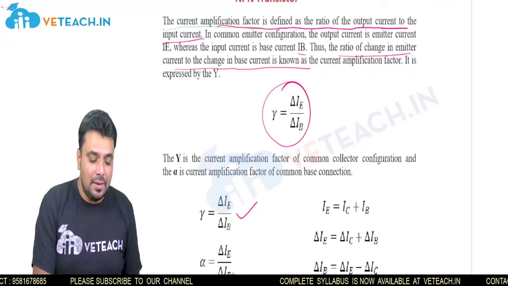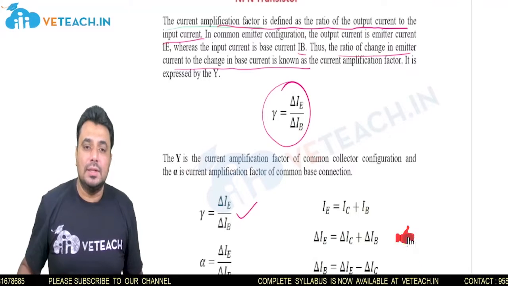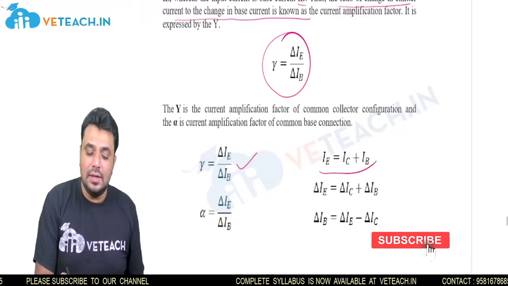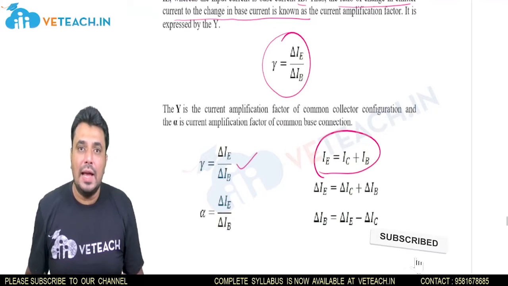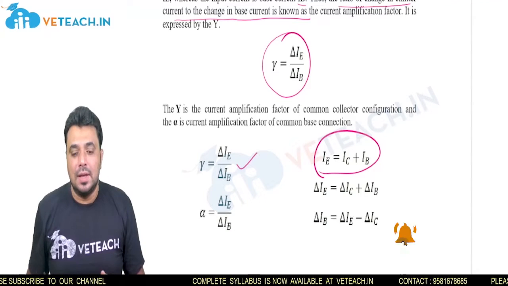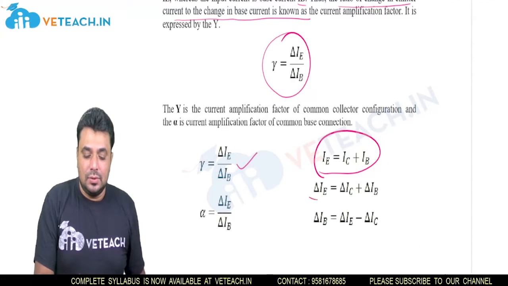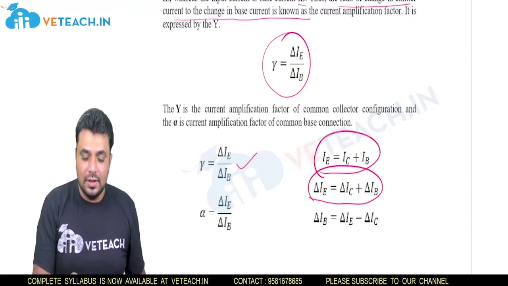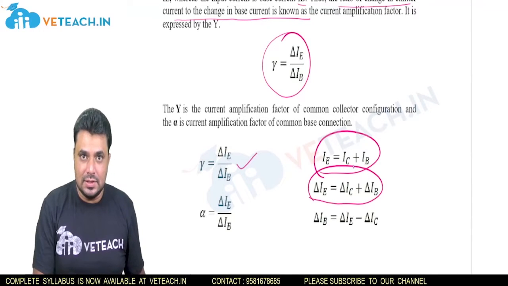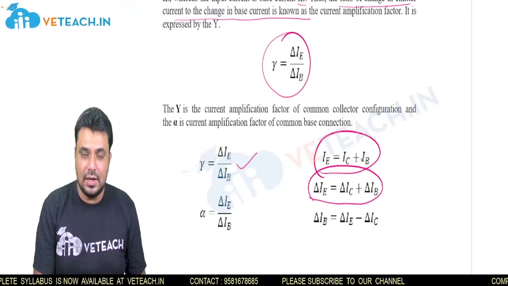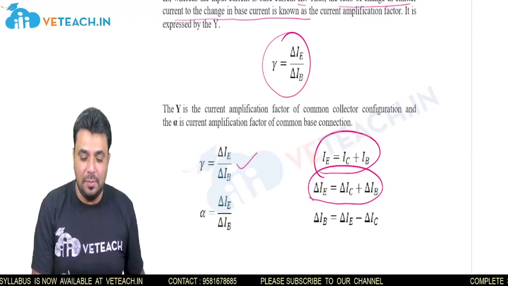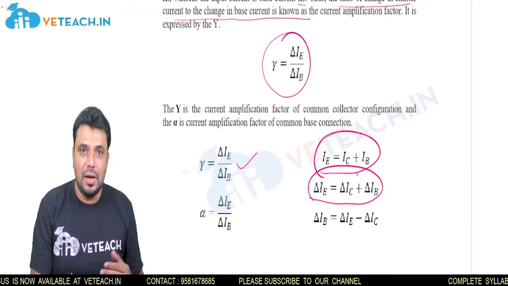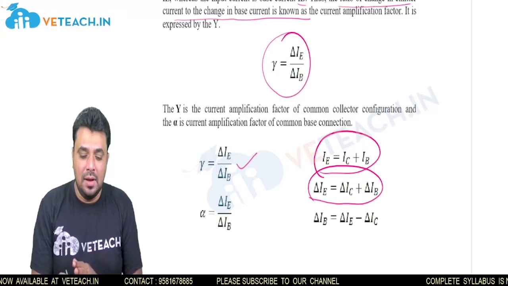The main thing here is IE equals IC plus IB, collector current plus base current. So del IE equals del IC plus del IB. This is the basic formula: emitter current equals collector current plus base current.